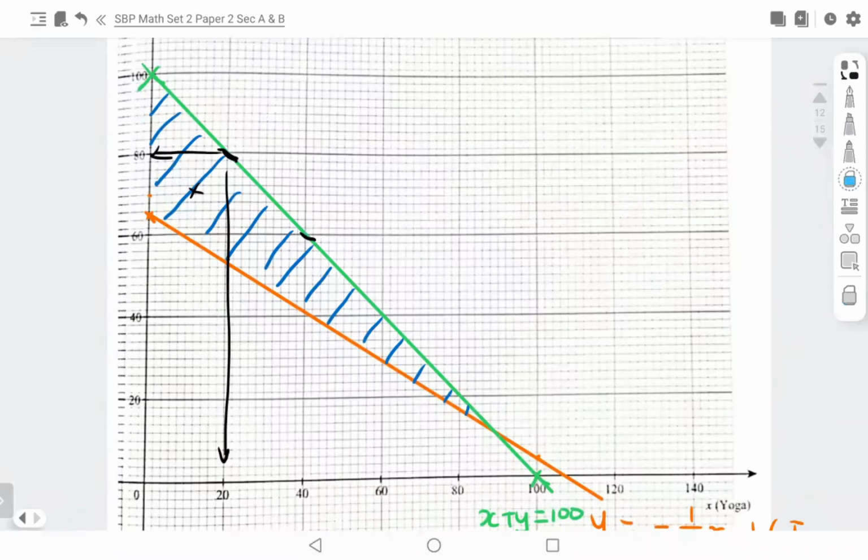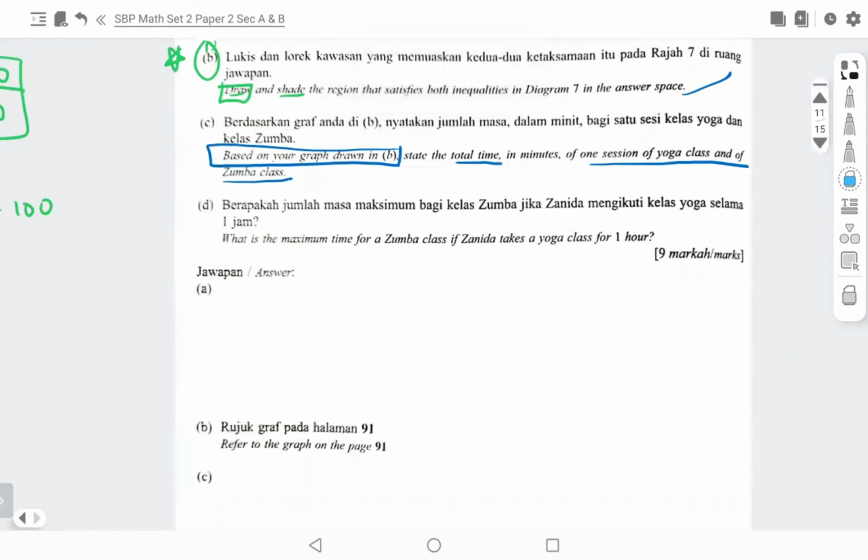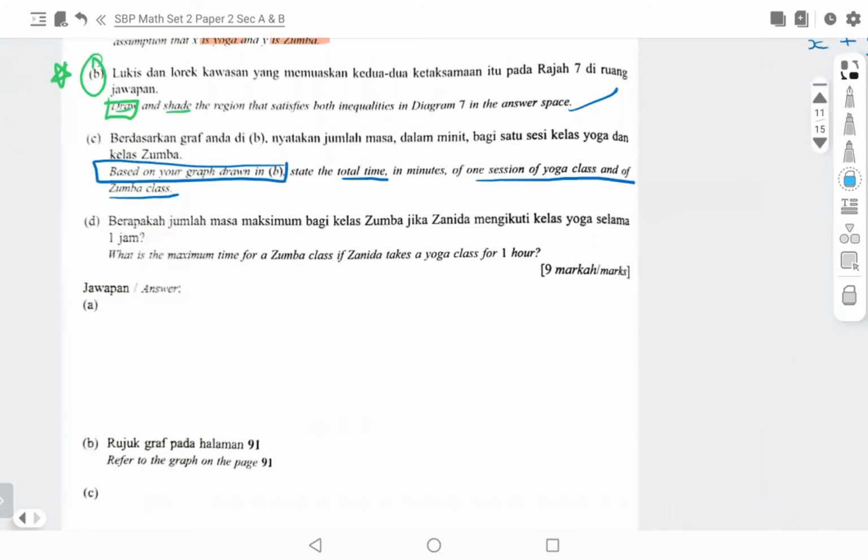Got the idea? Okay, so it depends. It can be 40, 60, it can be 20, 80, or 30, 70 also can. That's for number C.